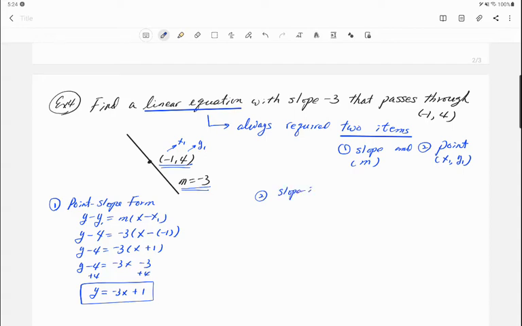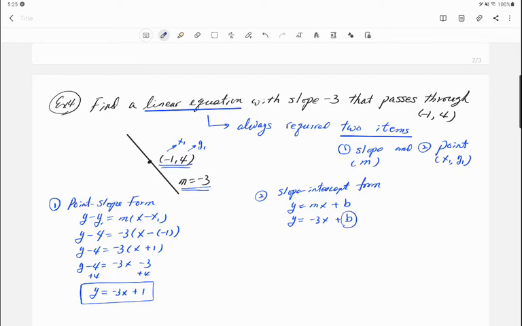Okay, let's use slope intercept form. This one should give us the same linear equation. Slope intercept form is y equals mx plus b, and we plug in m first. So slope is -3, so -3x plus b. And then we want to find the y-intercept b.